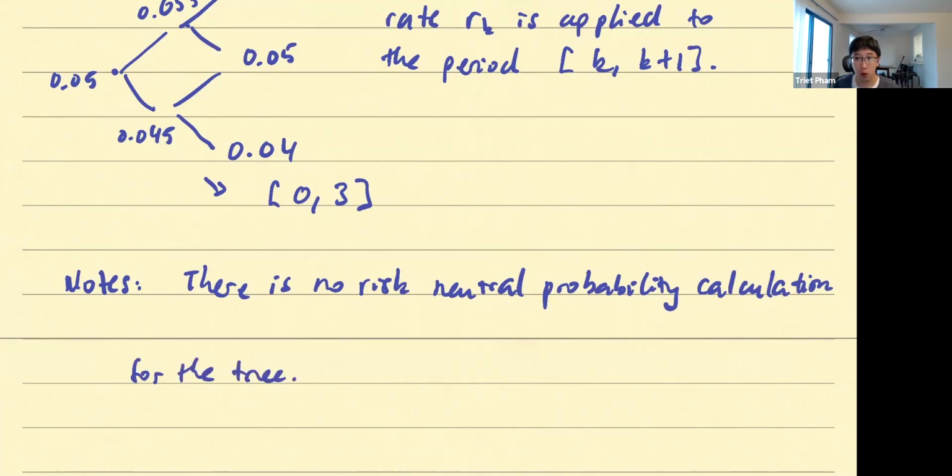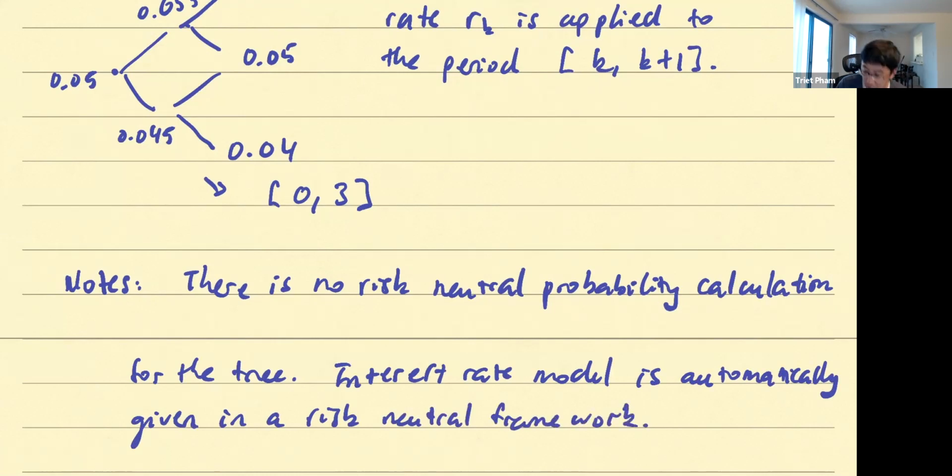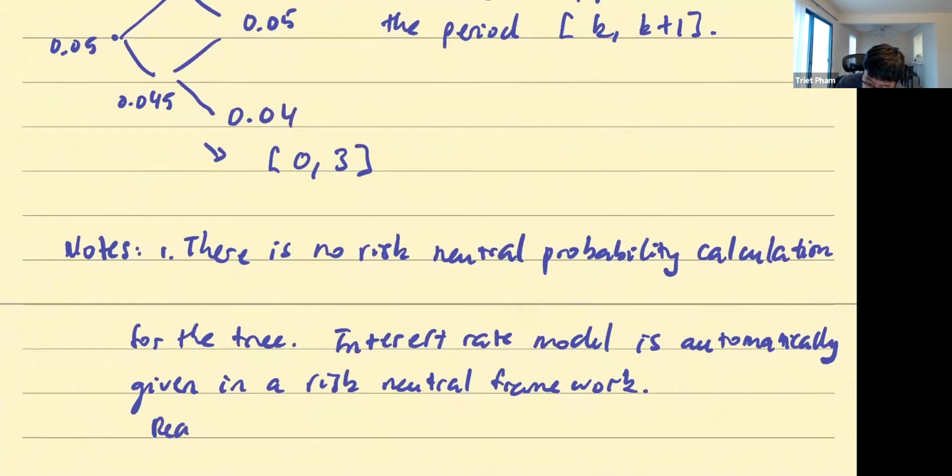In other words, if we work with an interest rate model, then it's automatically given in a risk-neutral framework. The reason is that we do not have any tradable product to determine the price independently. The reason is that interest rate is not a tradable product.